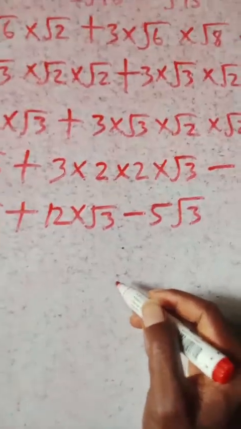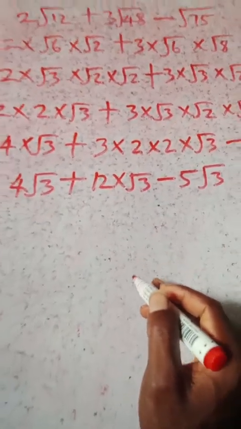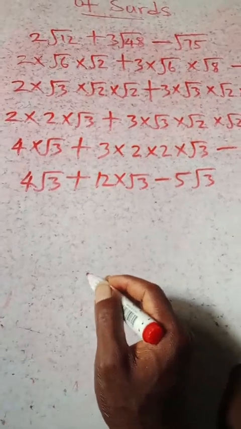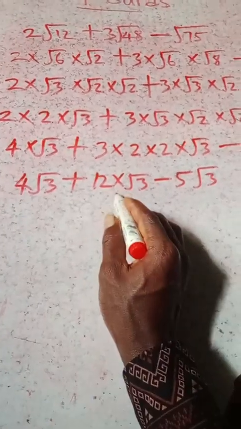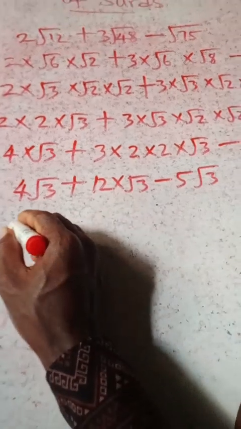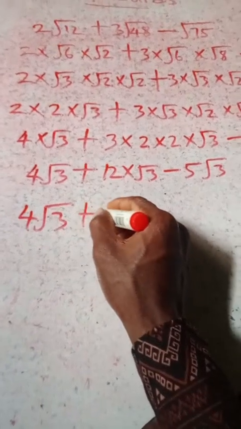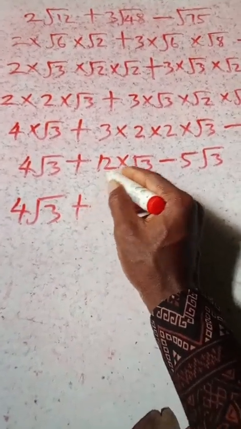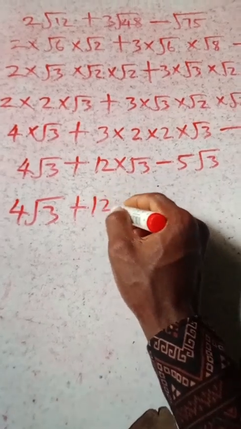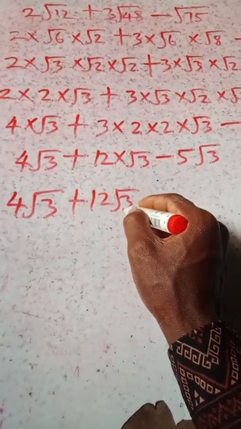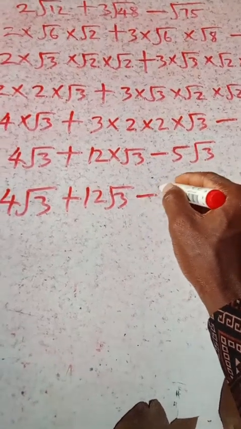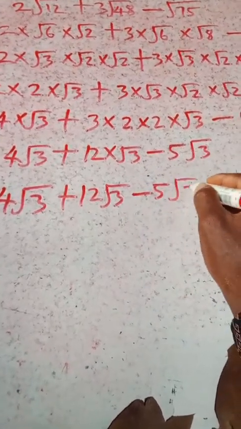Okay, we are gradually reducing the roots. Are you seeing it? So at this point, there's a multiplication sign here. Let's remove that. So we still have 4 root 3 plus 12 times root 3 is what? 12 root 3. Okay, then minus 5 root 3.